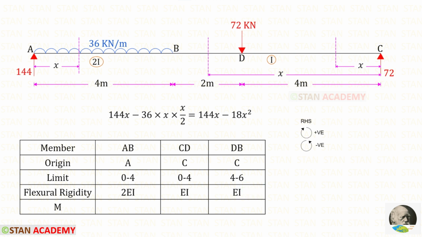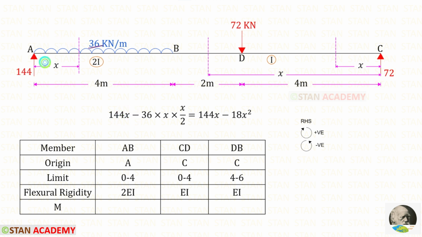Now let us find the moment M in the section in AB. We are going to find the moment from the point A. In this case, we have to follow the right hand side rule. Clockwise will be positive and anti-clockwise will be negative. The vertical reaction RA is acting in the clockwise direction, so it will be positive and the distance is x, so it will be 144x.